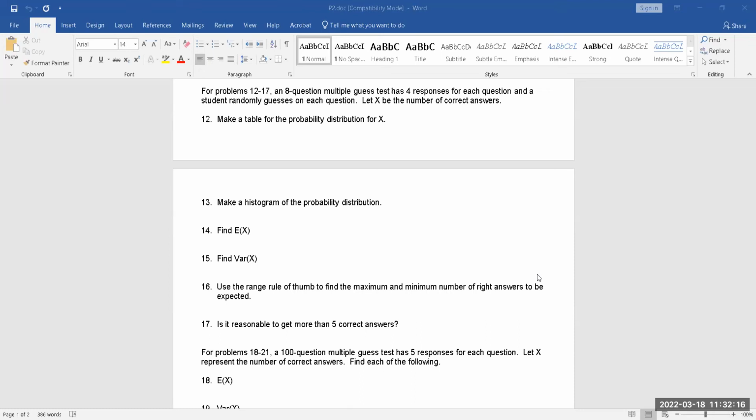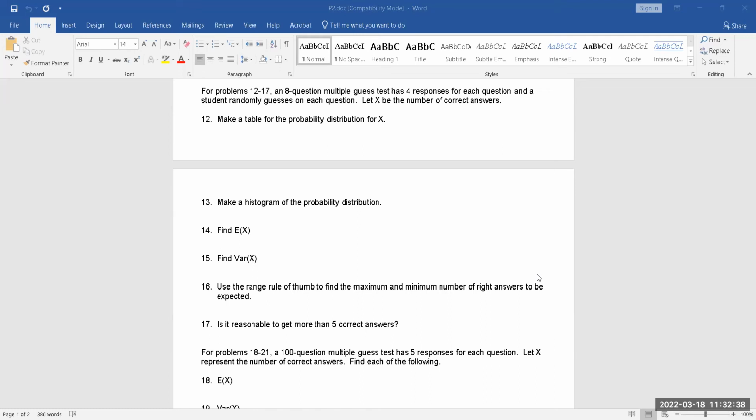X is the number of successes, n minus x, therefore, would be the number of failures. In this case, since n is 8, 3 successes means 5 failures. 7 successes means 1 failure, and so on. So the exponents on the p and the q have to add up to whatever n is. In this case, n is 8. That makes it a little bit easier.